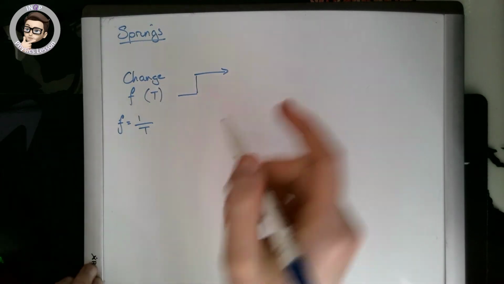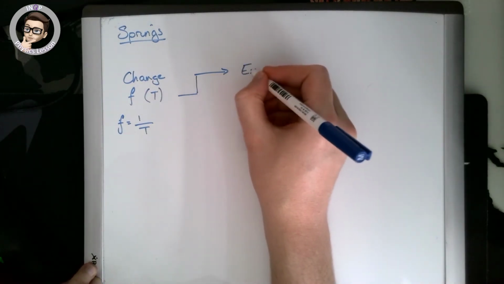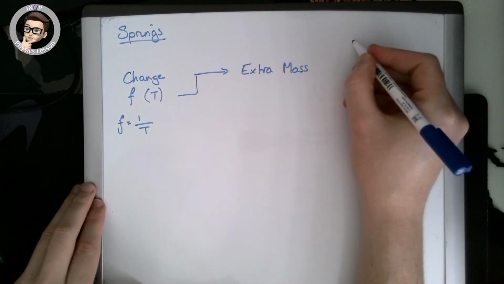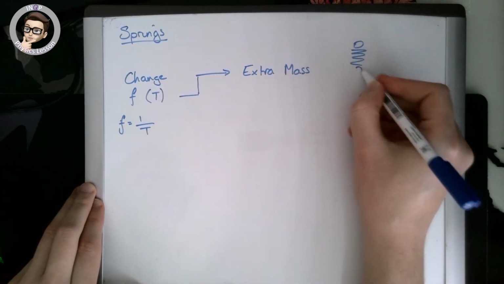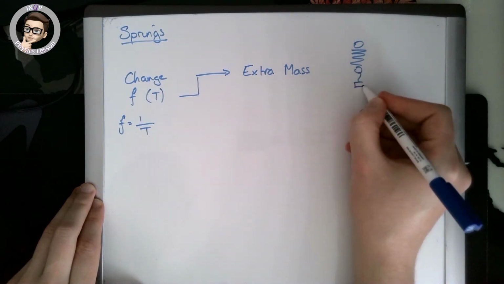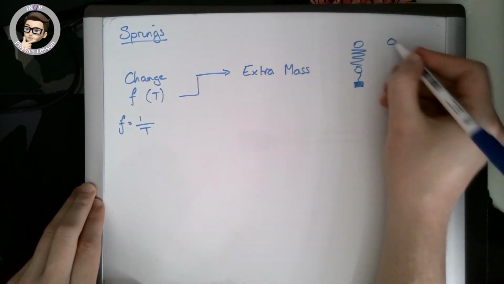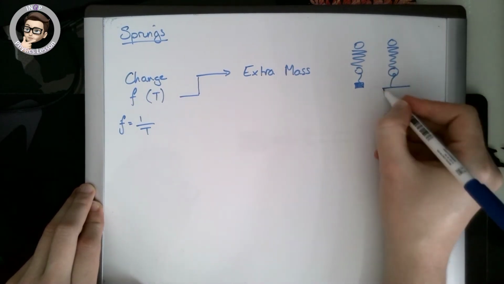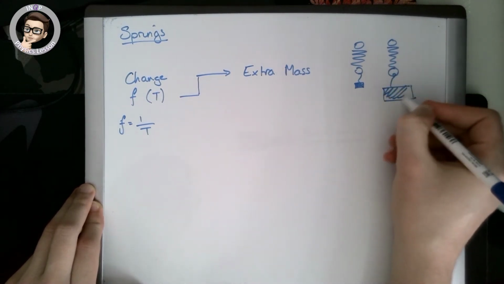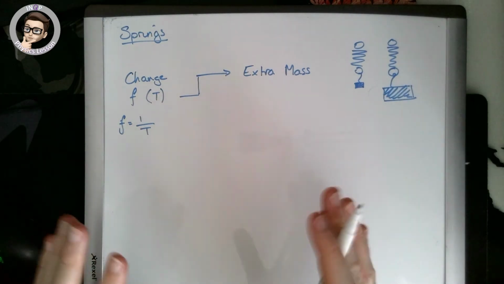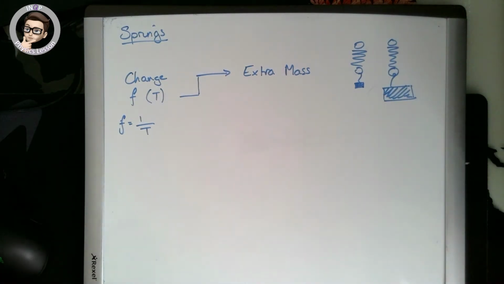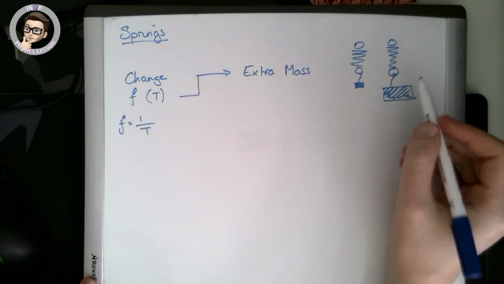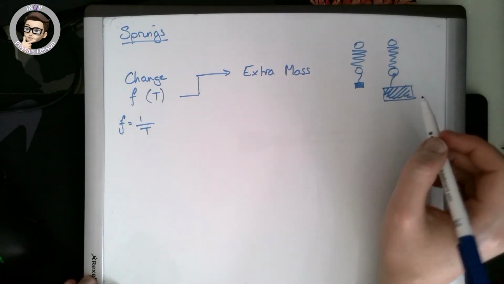The first thing I can do is add extra mass. So what I'm saying is I've now got a spring. Here's my spring. But instead of a really small mass, I've got the same spring, but I've got a giant mass. So we've added that extra mass to it. Well, if it has more mass, then it has a greater inertia.